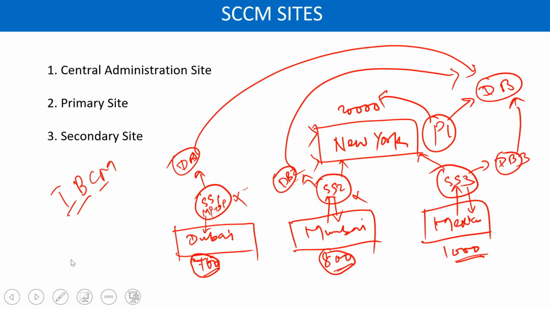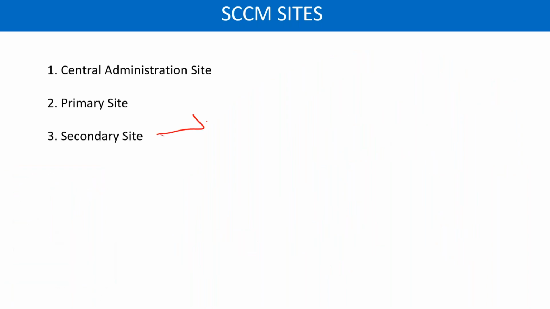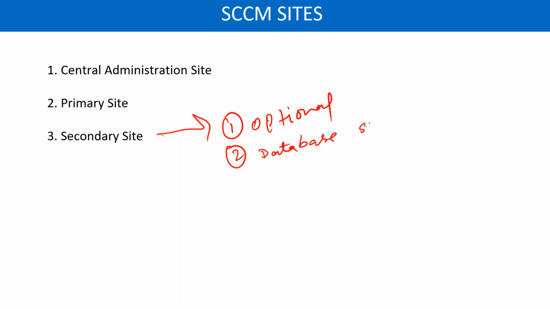Now, the secondary site is needed for point number one. It is also an optional site. So if you don't have branch offices, you don't need a secondary site, right? Secondary site also has a database, but in this case you can use SQL Express or SQL Server.